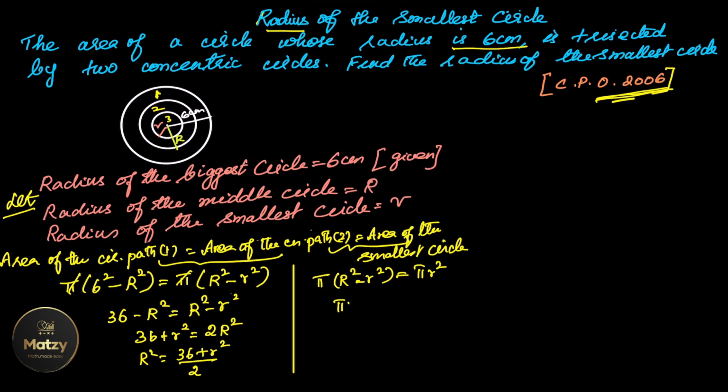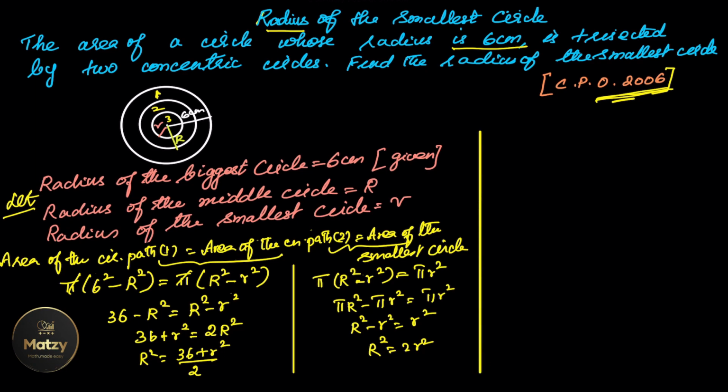So pi into capital R square minus pi into small r square is equal to pi r square. Now pi will go off. So capital R square minus small r square is equal to r square. So capital R square is equal to 2r square. Now I am comparing these two. This is equation 1. This is equation 2.